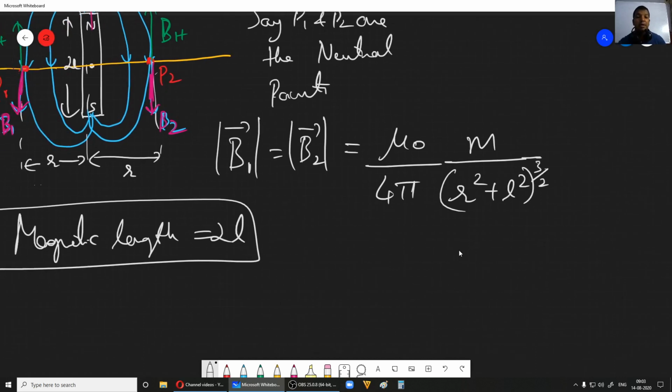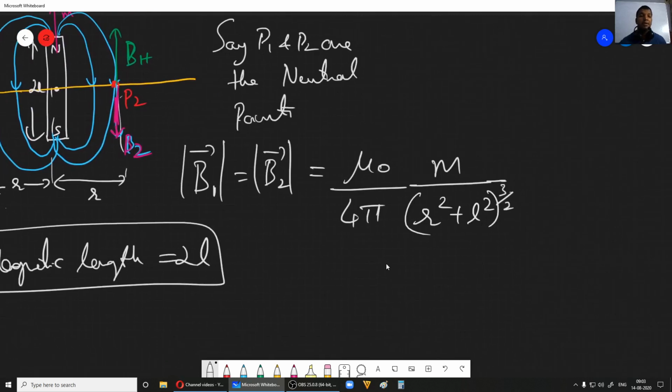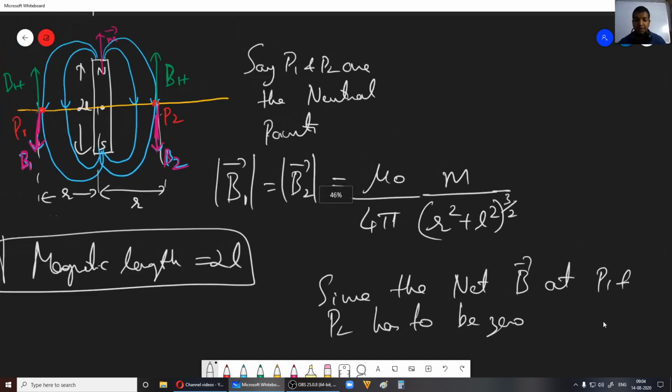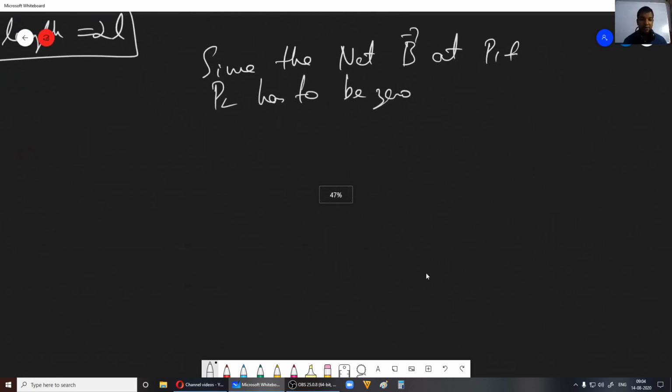Now, since the net magnetic field at P1 and P2 has to be 0, we'll equate B1 and B2 with the horizontal component of the Earth's magnetic field.